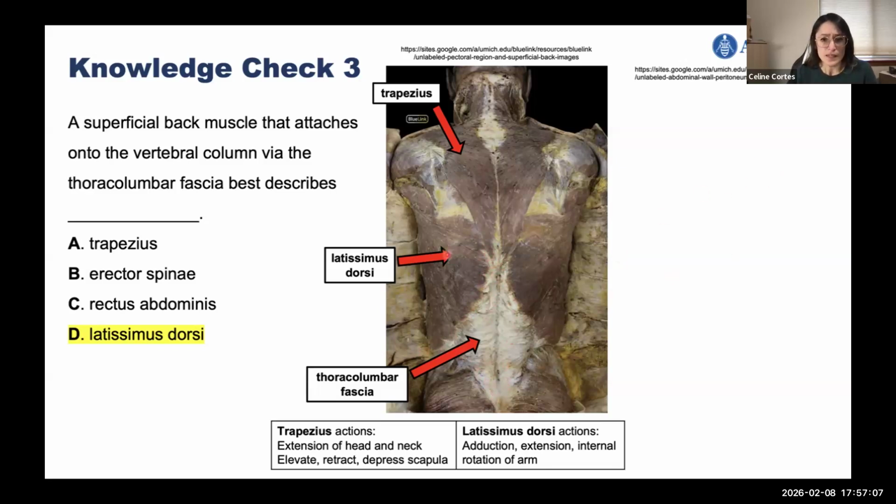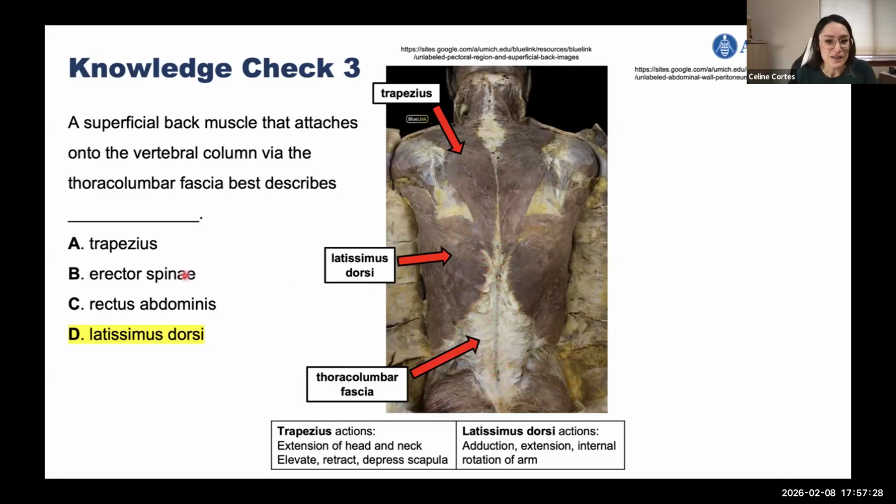So this is really how the latissimus dorsi is attaching onto the vertebral column and even down here onto the pelvis. So it is attaching directly onto the thoracolumbar fascia to make this connection here.